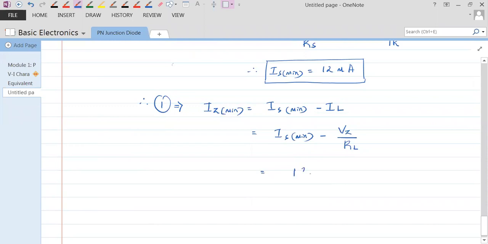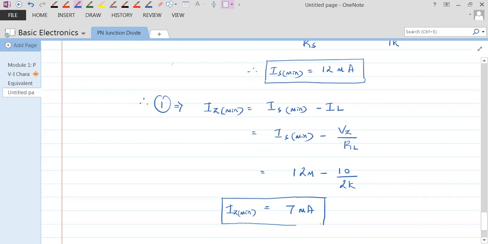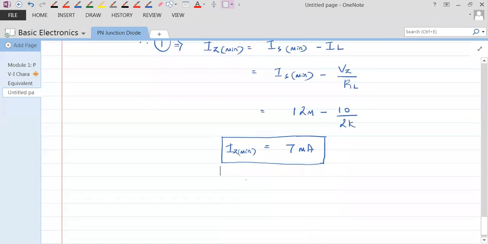It's 12 milli minus 10 divided by 2K, which gives 7 milliamps. On the same grounds, can you find IZ max yourself? Do all this yourselves, and your IZ max should be 25 milliamps.